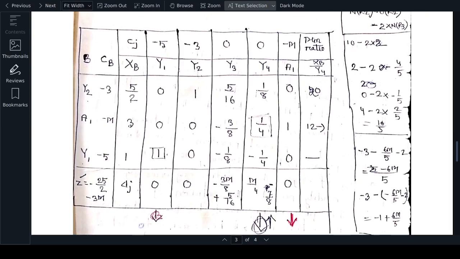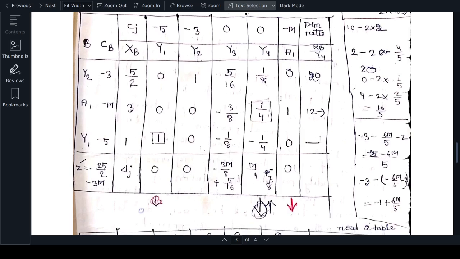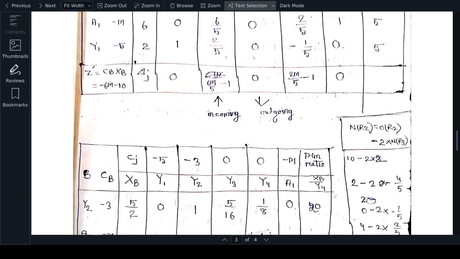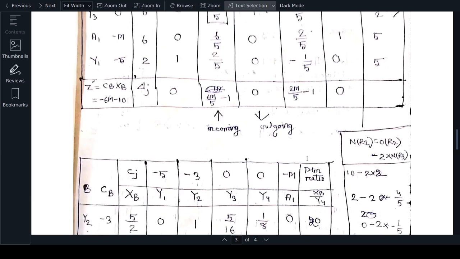Just remember this: suppose after all delta j are negative, z dash also contains some M value, then we cannot say that this gives us an optimal solution. So if outgoing, we will not consider it, we leave this one forever.